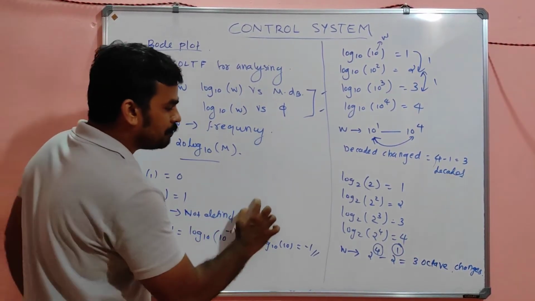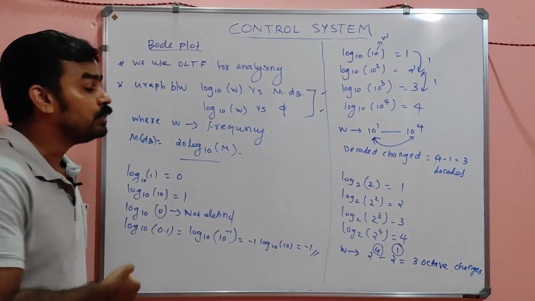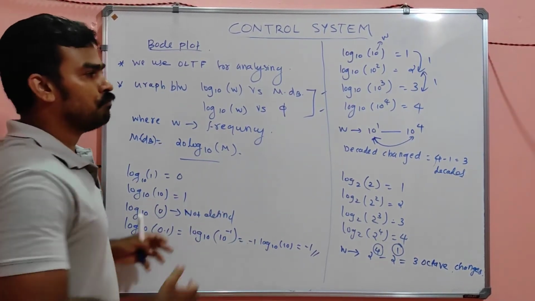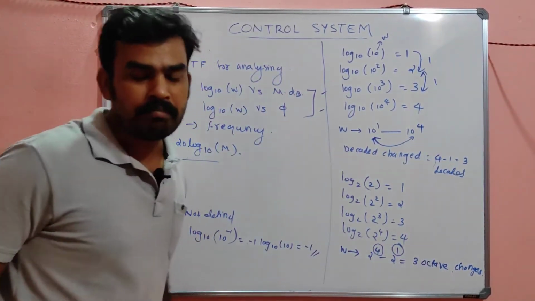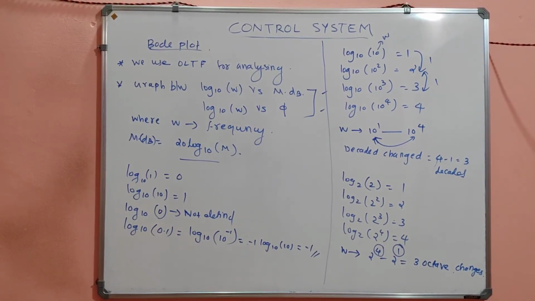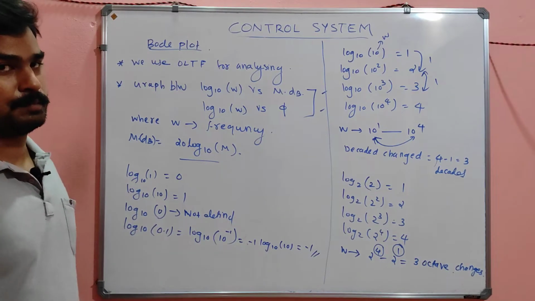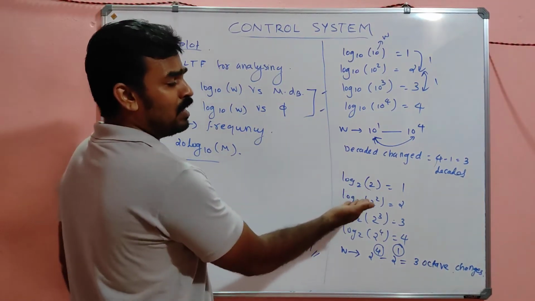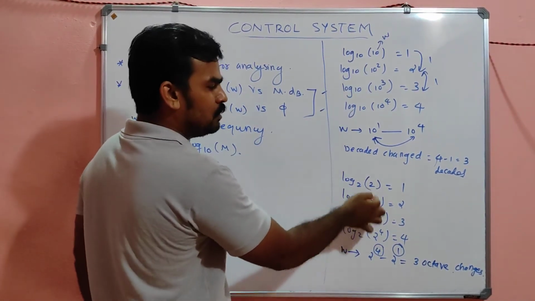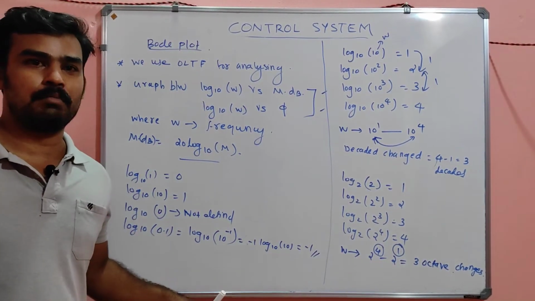But if you take log base 10 of omega, or of frequency, instead of frequency itself, a wide range of frequency can be accommodated, my dear. That is the beauty of taking the logarithm, log 10 especially. With log base 2 there is again a limit, but even then 2, 8, 16, 32, that range of frequency can be accommodated.